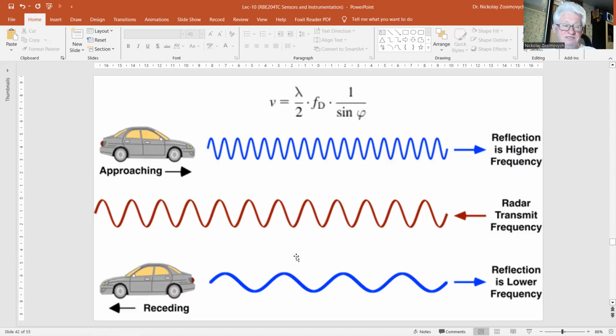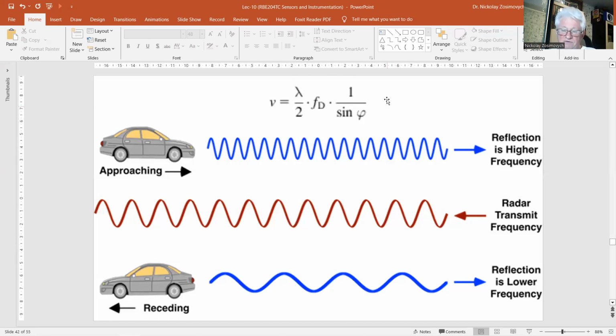Velocimeters based on self-mixing interferometry are described in, for instance, the literature. At constant distance between the target and the laser head, the power fluctuations have a more or less constant amplitude. When the target moves with velocity v, the spectrum of the fluctuation contains the Doppler frequency f sub d. You can see here on this equation, from which the velocity can be derived.